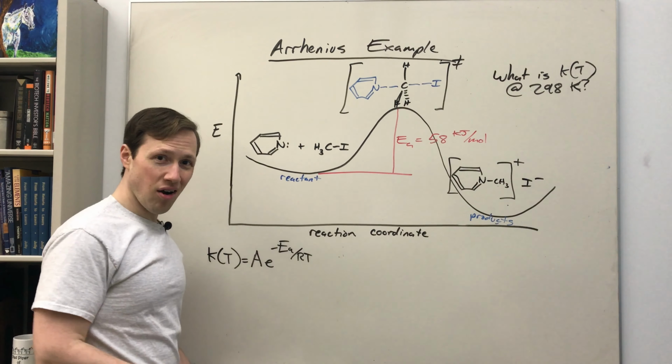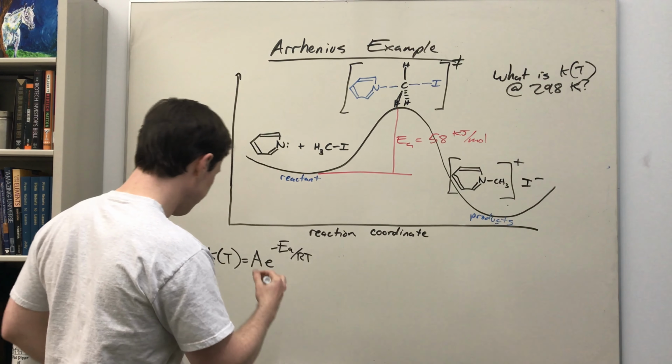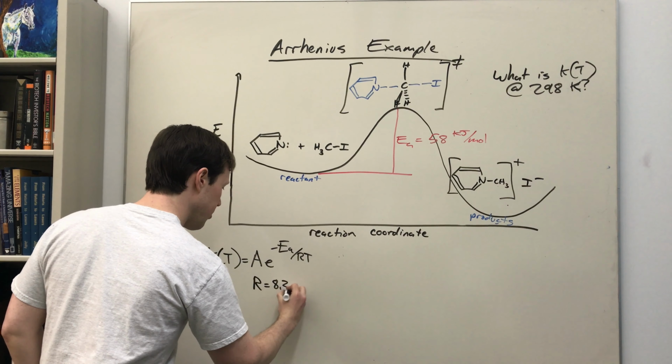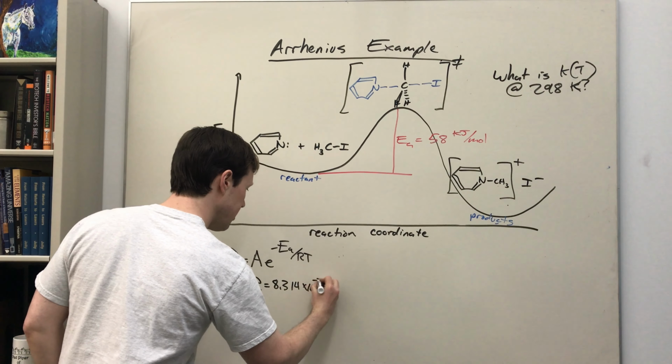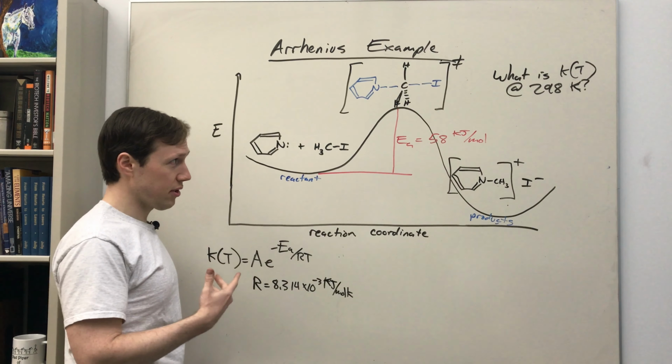We know our R because we can look that up in a table. In particular, it's 8.314 times 10 to the negative 3 kilojoules per mole Kelvin. You do want to be careful with R that you choose the version with the correct units that are going to be useful for what you're working with.